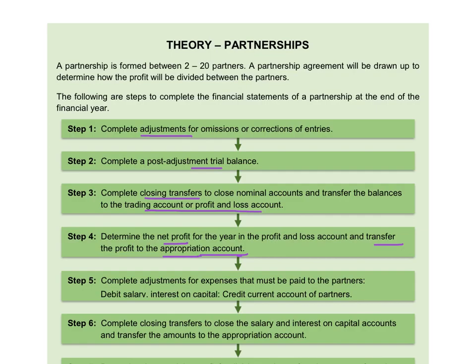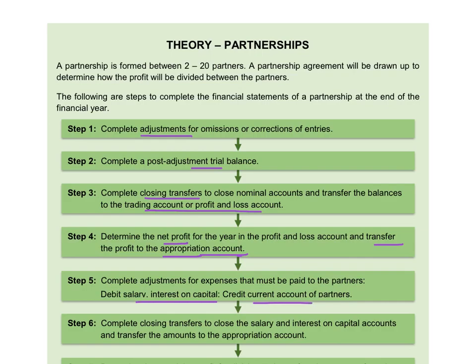We complete adjustments for the expenses that must be paid to partners, that is the salary and interest on capital. So expense is always debited, so we will debit the salary of A, the salary of the partner B, and we will complete the interest on capital on the debit side. And then instead of crediting accrued expense, because we still have to pay these expenses, we will credit the current account of the partners.